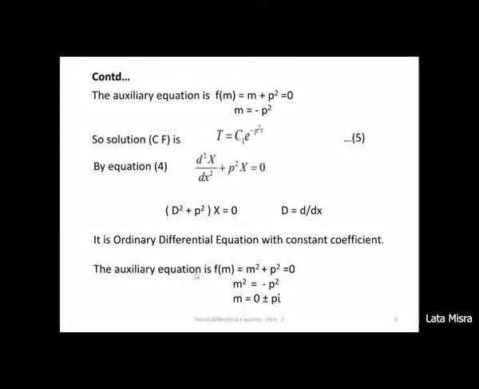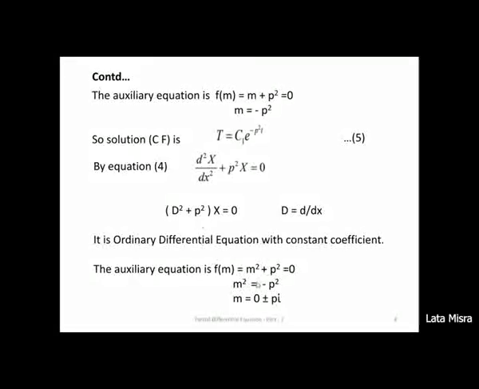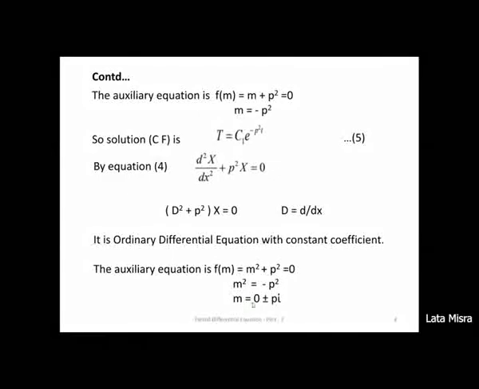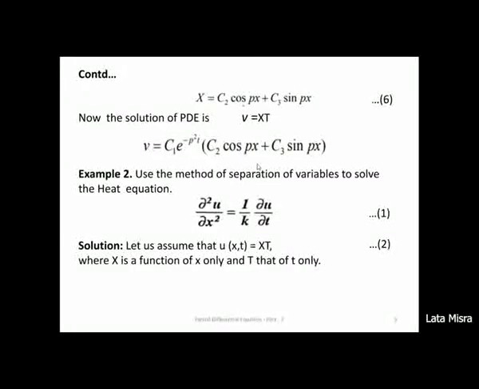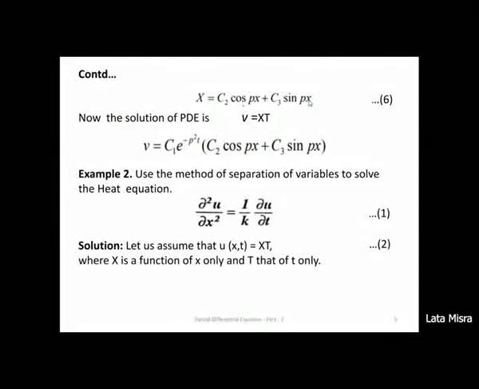We write the auxiliary equation as m square plus p square equals 0, and we find the roots are complex, m equals 0 plus minus p iota. The complementary function for complex roots is X equals c2 cos px plus c3 sin px, and e raised to 0x remains 1.